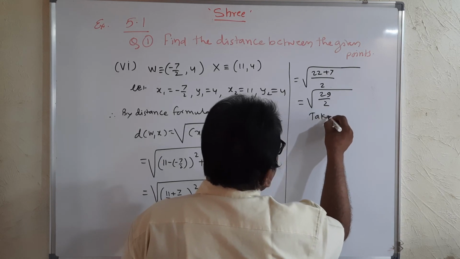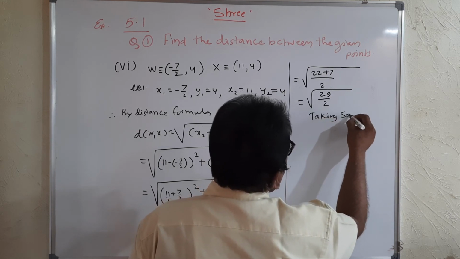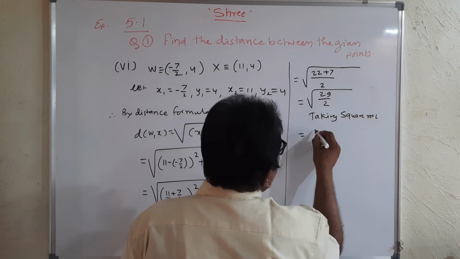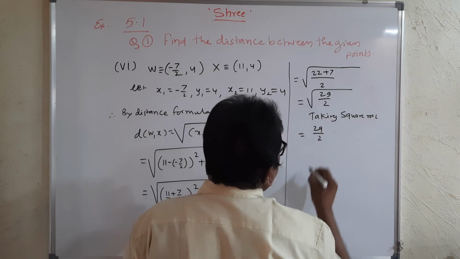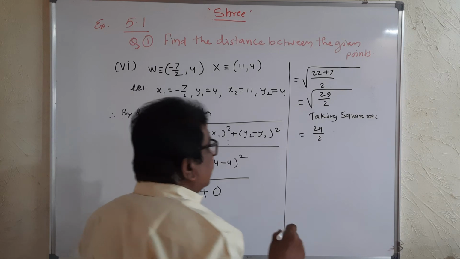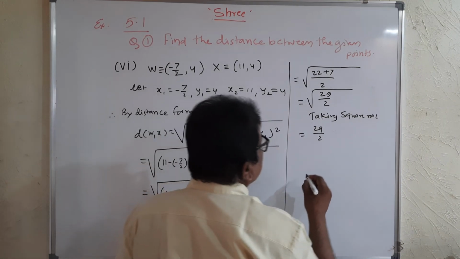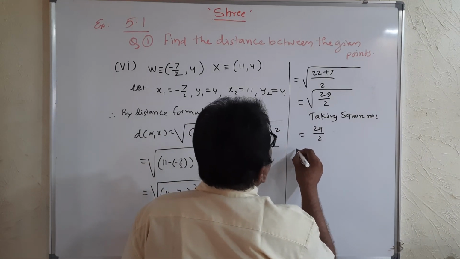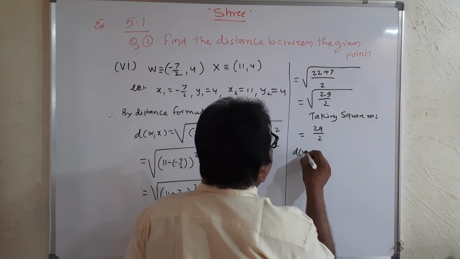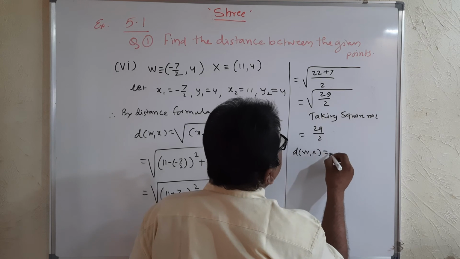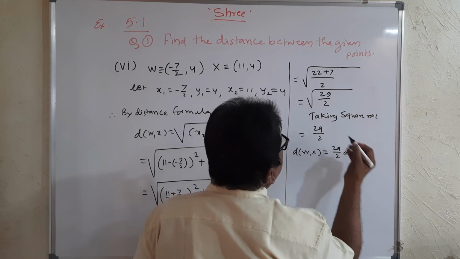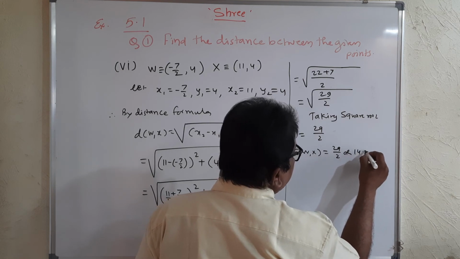Taking square root, it will be 29 upon 2. You can keep as it is, or you can divide it also. So final distance between W and X is equal to 29 upon 2, or 29 upon 2 is 14.5.